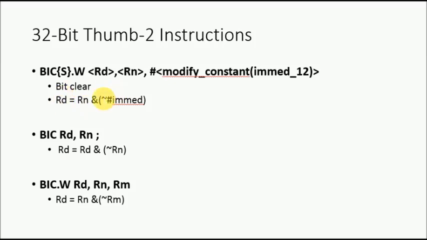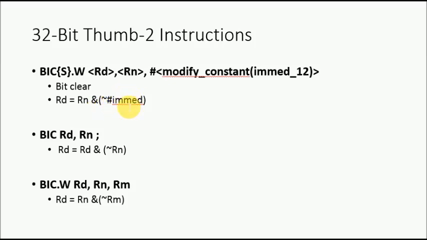The operation is very simple: first it will negate the immediate value, then it will AND it with the content of Rn, and the result will be transferred to the Rd register. So the result is stored in the Rd register. Many times this bit clear instruction is also known as ANDing with the negate value.